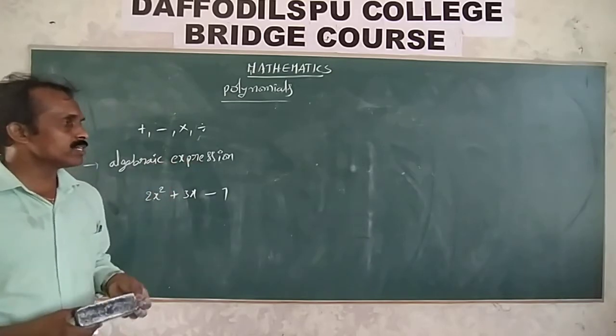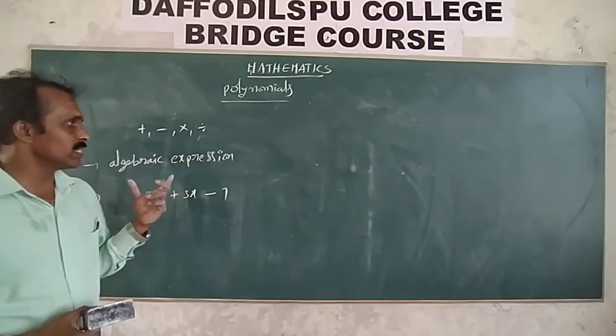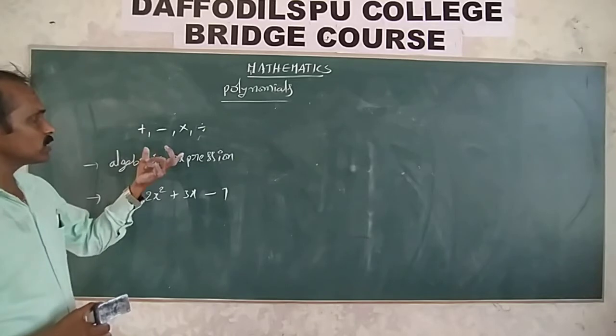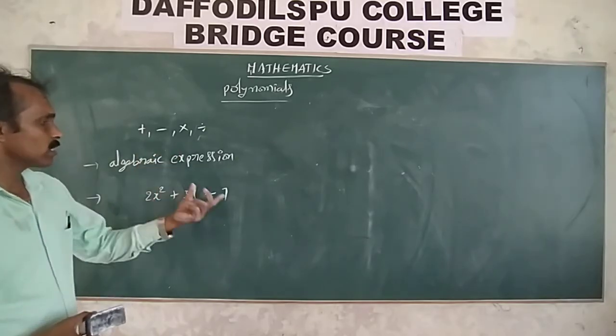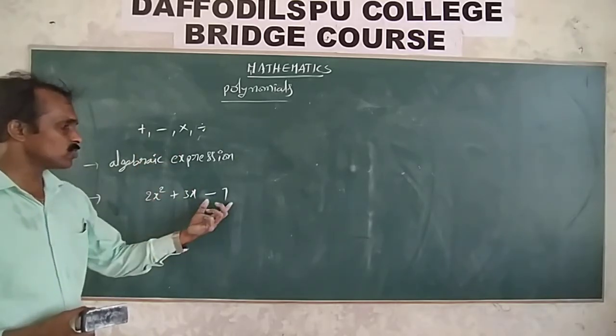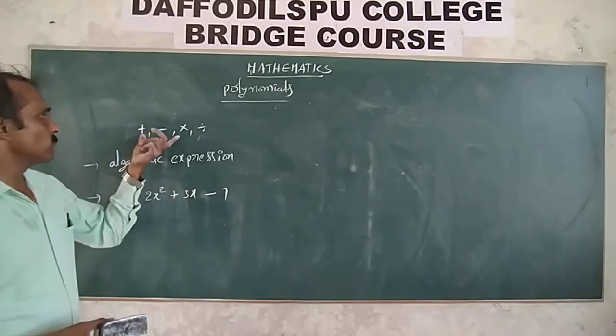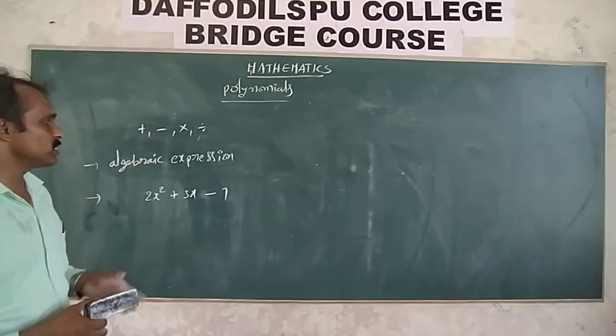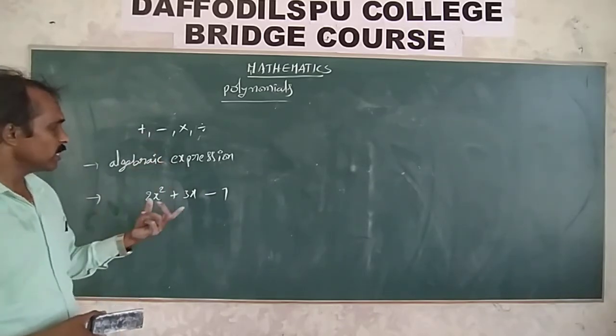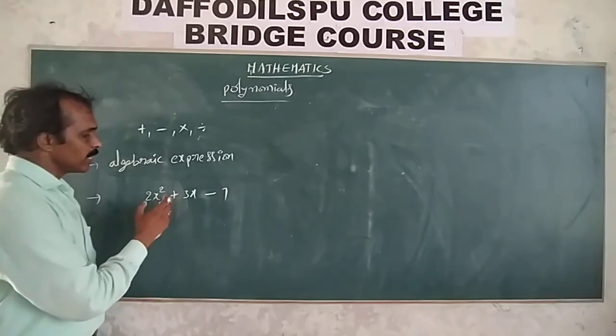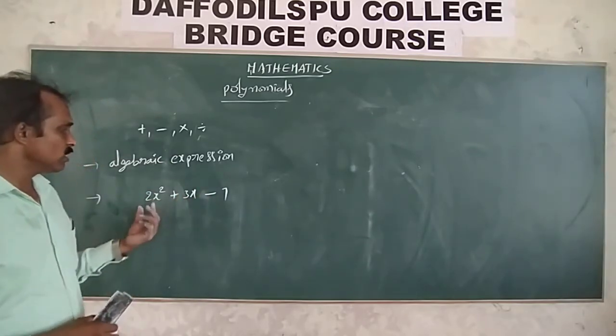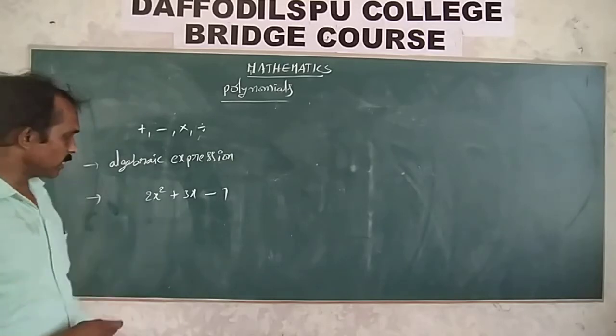A symbol having different values is a variable, and constants and variables connected by algebraic operations is called an algebraic expression. In an algebraic expression, the parts separated by plus and minus are called terms, right?